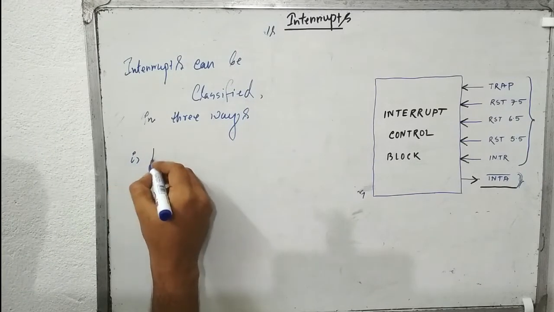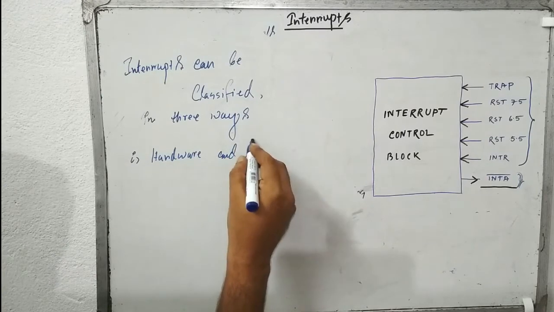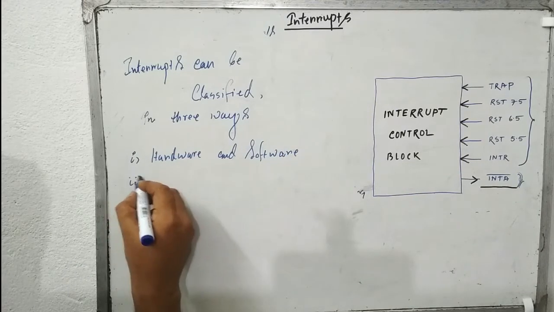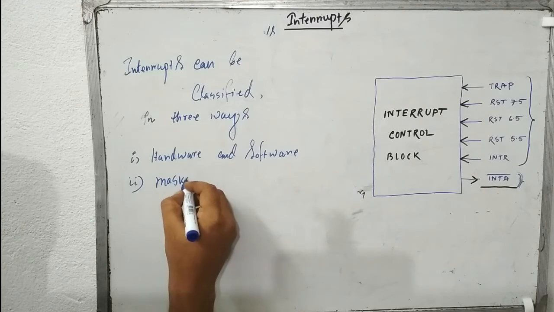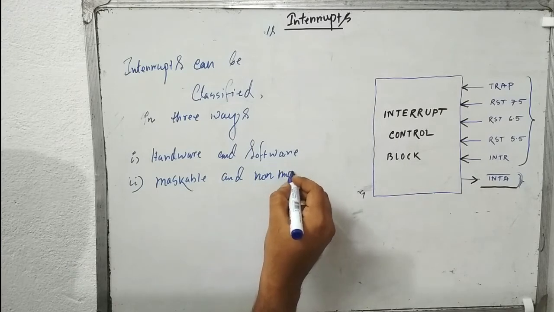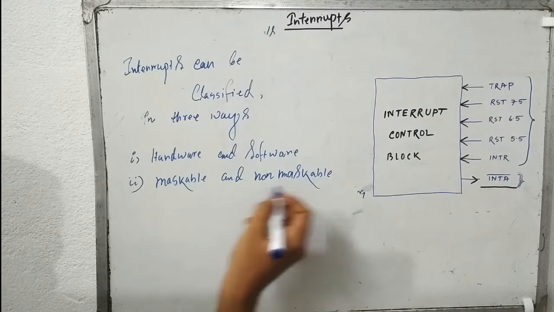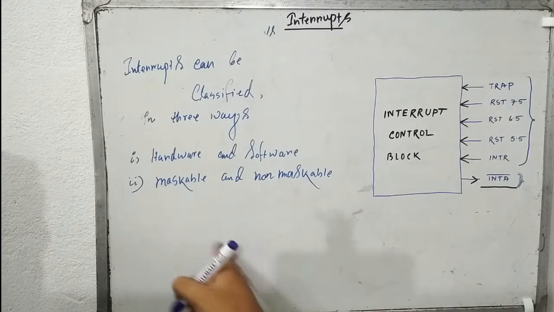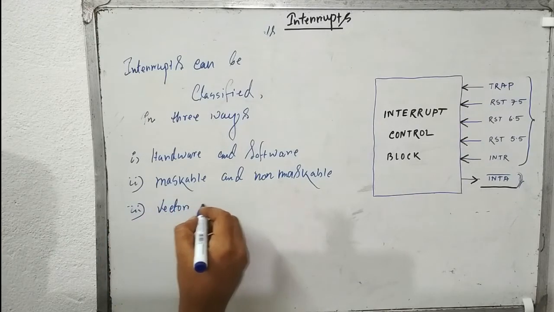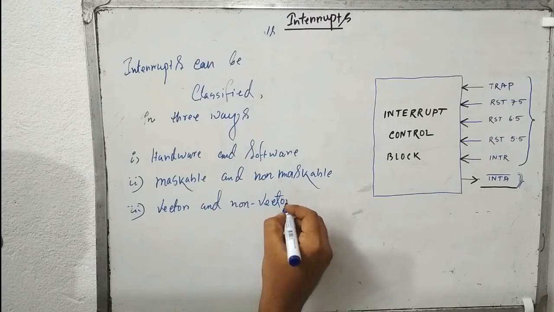First one is hardware and software interrupt. Second is maskable and non-maskable interrupt, and third one is vector and non-vector interrupt.